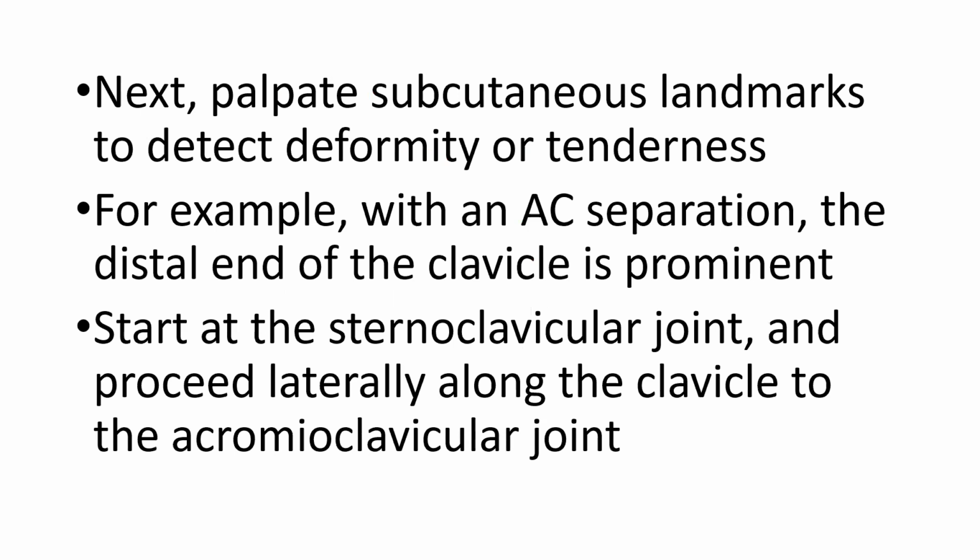Palpate the subcutaneous landmarks to detect deformity or tenderness. For example, with an acromioclavicular separation, the distal end of the clavicle is prominent. Start at the sternoclavicular joint and proceed laterally along the clavicle to the acromioclavicular joint.